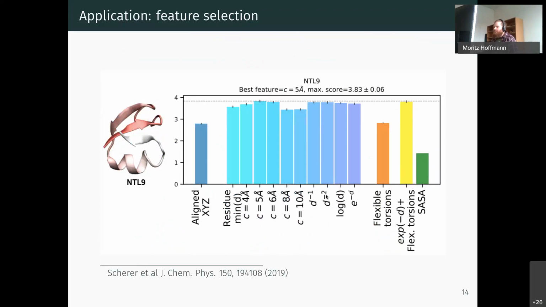Then we have inverse distances, log distances, e to the minus distances, torsions, and solvent accessible surface area. We can score all of these and look at how well they perform for our data and for our operator. You can see that, for instance, the distances here seem to work best.